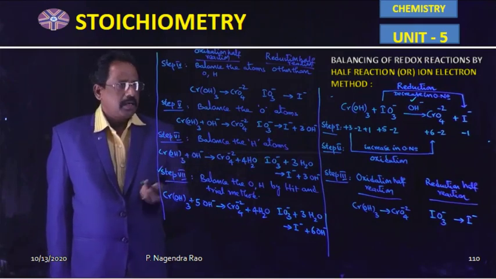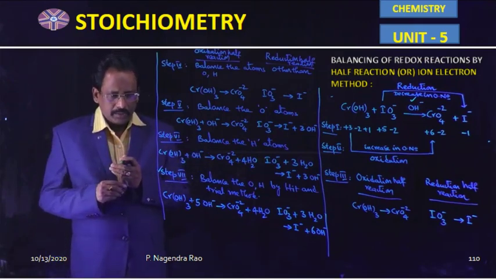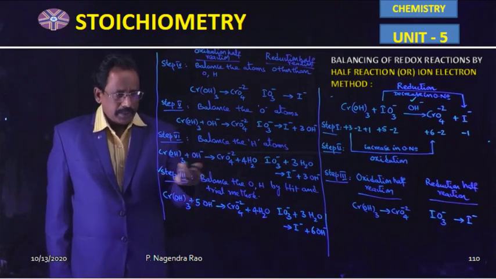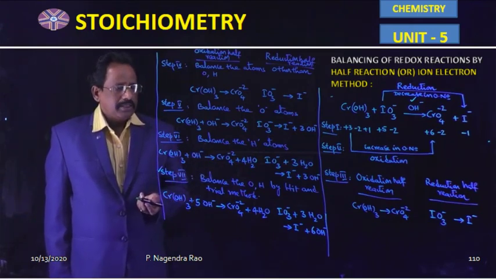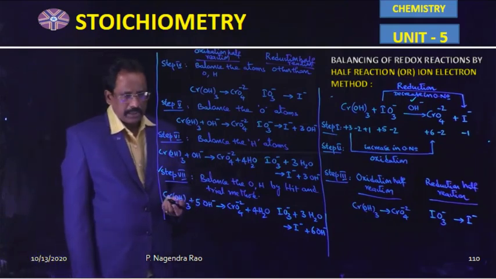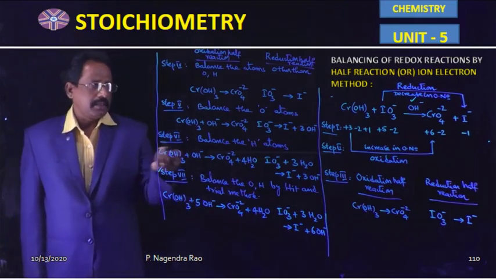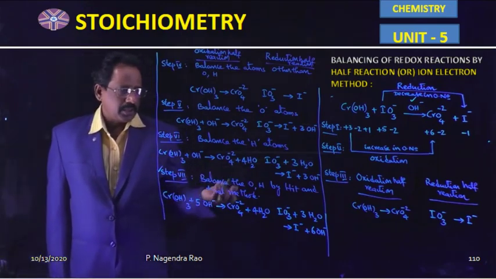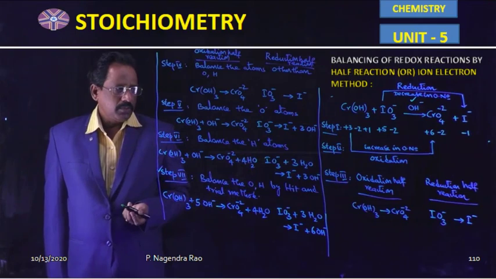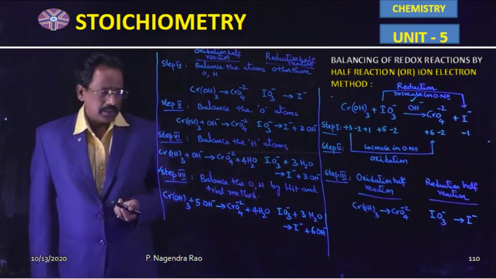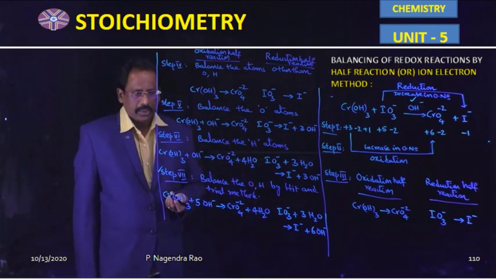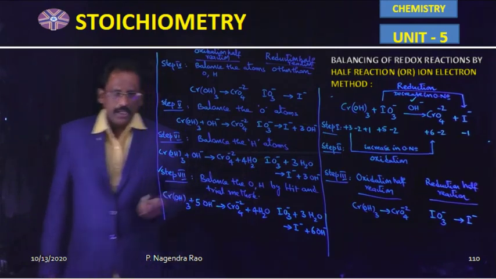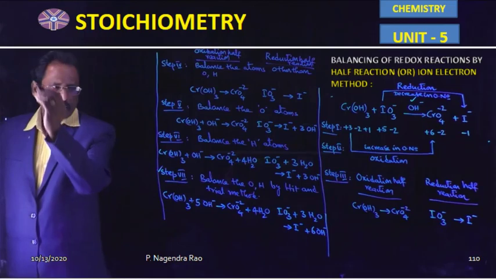Here in the oxidation half reaction, if you multiply OH⁻ with 5, all the oxygen and hydrogen atoms are balanced. In the reduction half reaction, if you multiply 3 OH⁻ into 2, all the oxygen and hydrogen atoms are balanced.